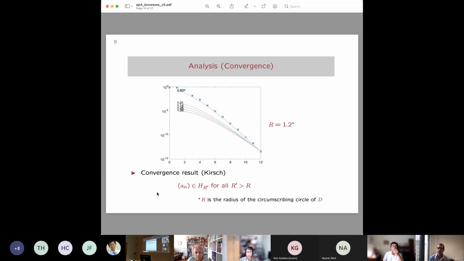Now there's actually a convergence result that's interesting here due to Kirsch, which says that the sequence AN is in HR dash for all R dash bigger than R, where R is the radius of the circumscribing circle of the scatterer.